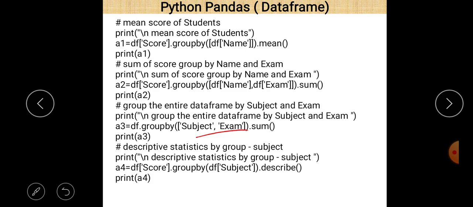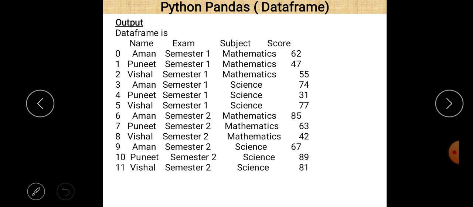If we compare this statement to the previous statement, we see here that the names of the columns are just separated by a comma, and in the previous example, in case of A2, we wrote df name and df exam. So what is the difference? Let us see it.